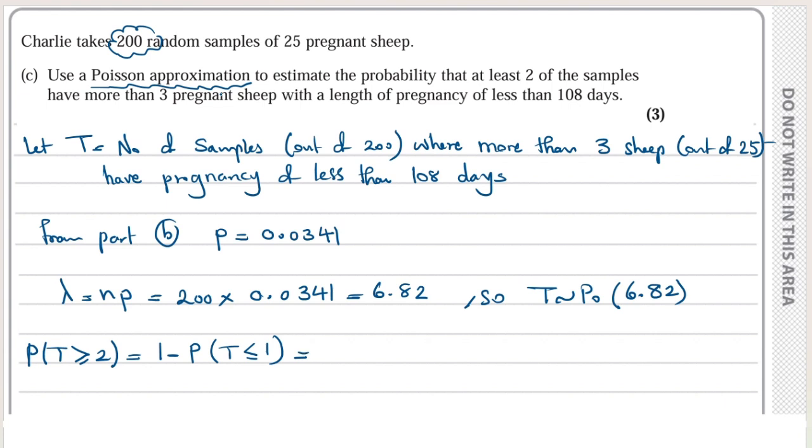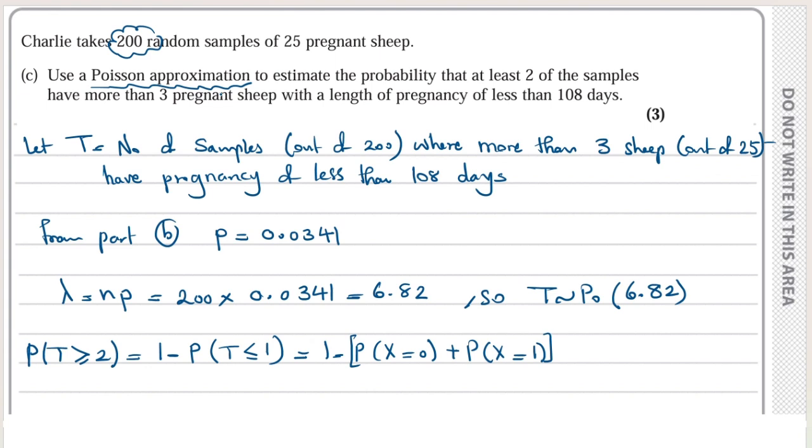And that is the same as 1 minus the probability of x equals 0 and the probability of x equal to 1. We can use either calculator or the formula.